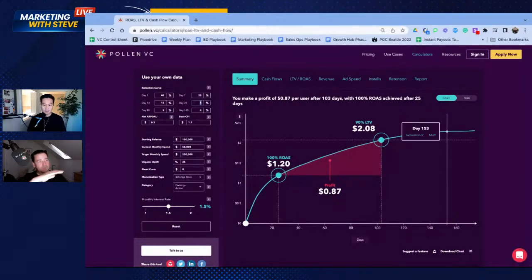So if you're investing $1 and you're getting 90 cents of LTV, then there's just no point in doing user acquisition because you're just setting out to lose money. If, however, you're investing $1 and you're making $1.20 or $1.50 or $2 or whatever, then great, you have a machine that works. In which case you move on to the second stage.